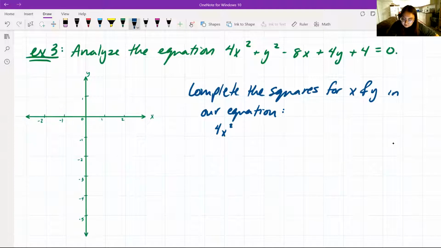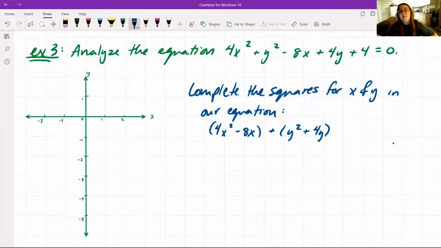So we can get 4x squared minus 8x, put that in parentheses, and then we'll say plus y squared plus 4y. And then we have our plus 4 is equal to 0. We want to get rid of that plus 4, so let's go ahead and subtract that from both sides. So now we have 4x squared minus 8x plus y squared plus 4y is equal to negative 4.